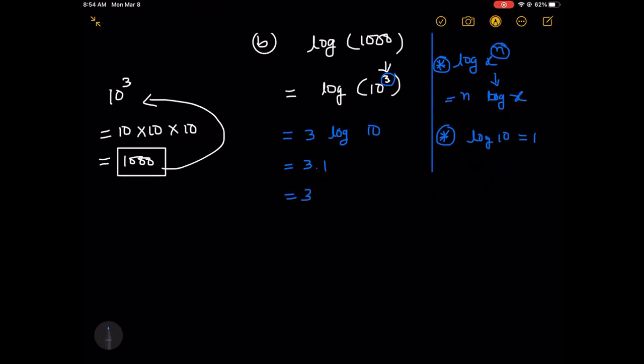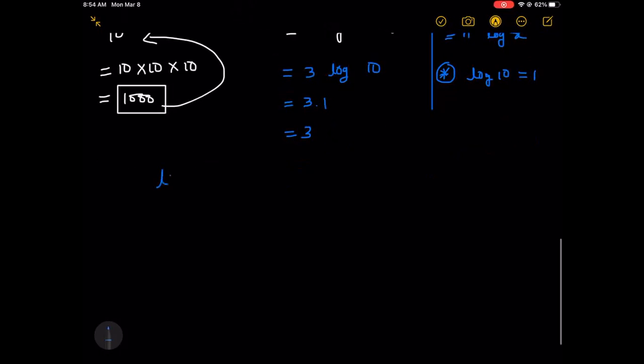Okay, you can see a log button in your calculator. I think it should be in the second row. Yeah, in the second row, whichever calculator you have. You can see something called log as a button.